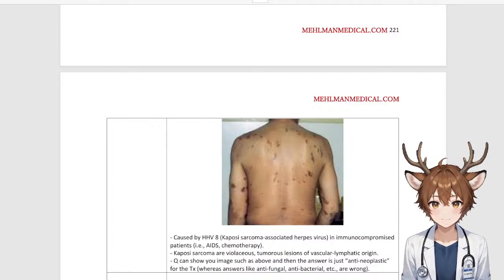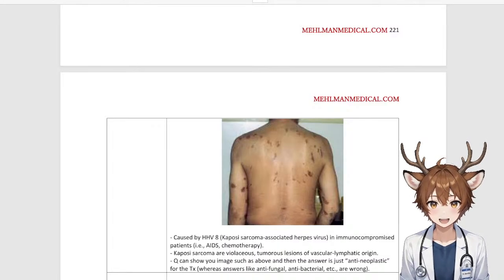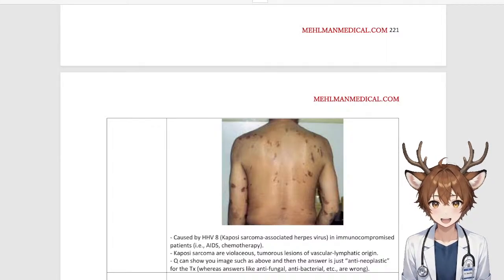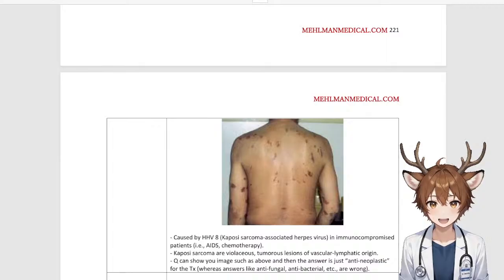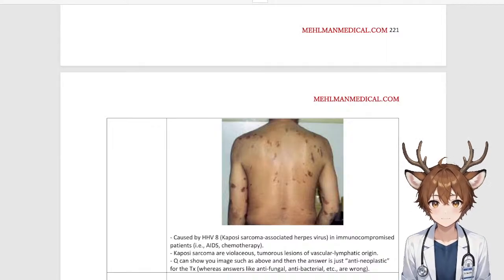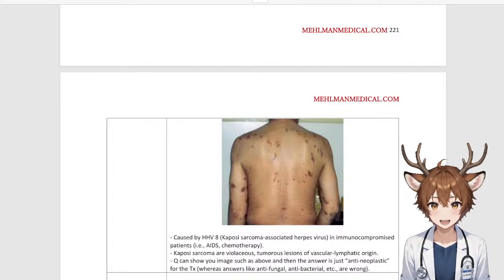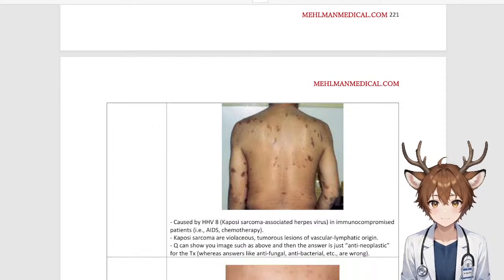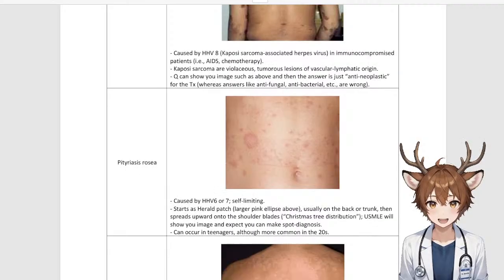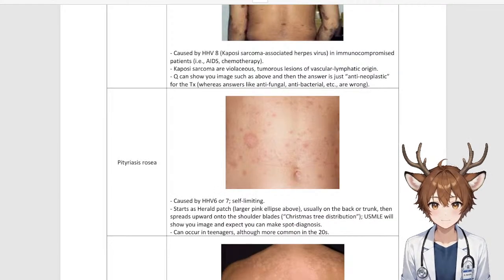It's very weird. I mean, it's called Kaposi sarcoma. I'm not 100% on the mechanism of how it develops, to be fair, just to tell you up front, but it is, at the end of the day, a neoplastic condition, even if it has an origin in having HHV8 virus, in all fairness. So, it's a virus-induced neoplasm.